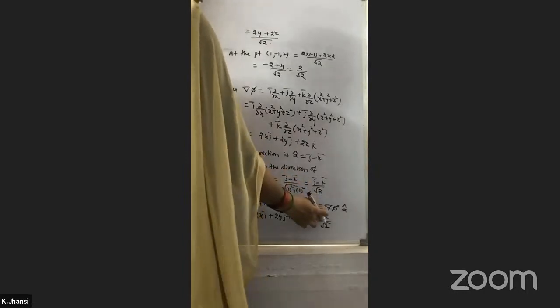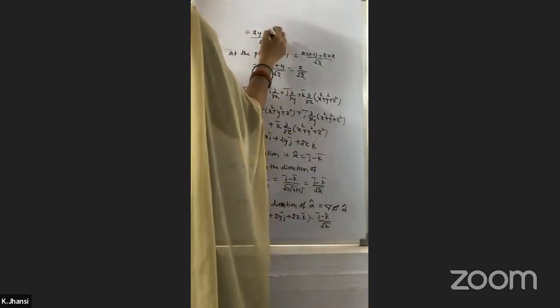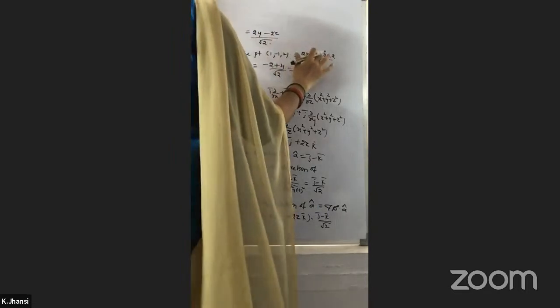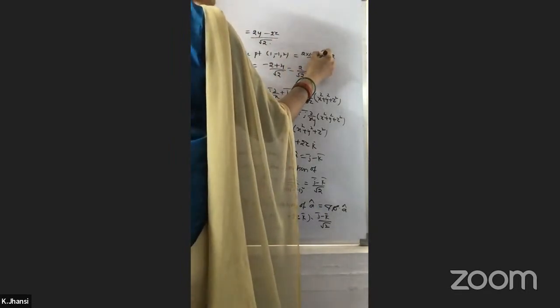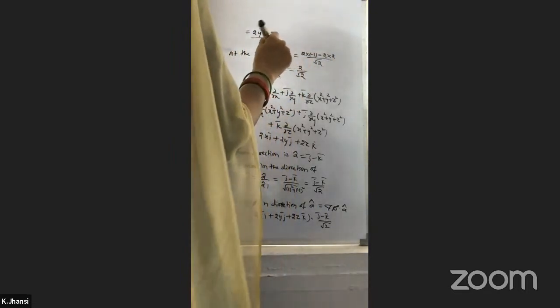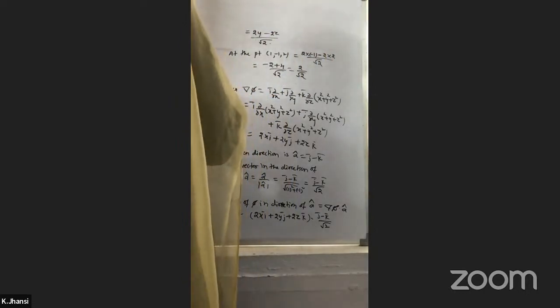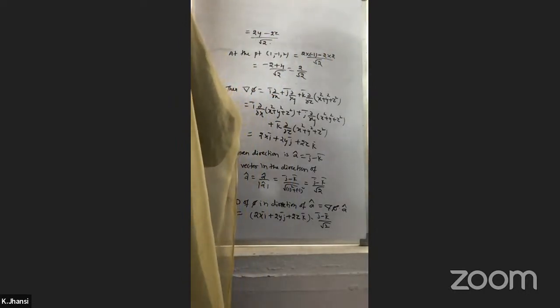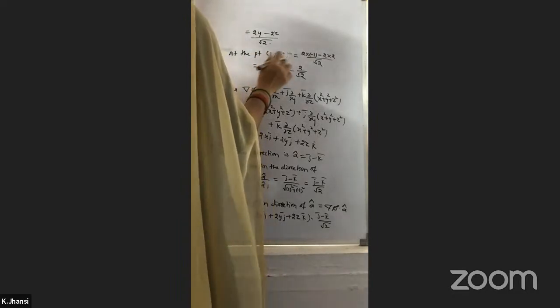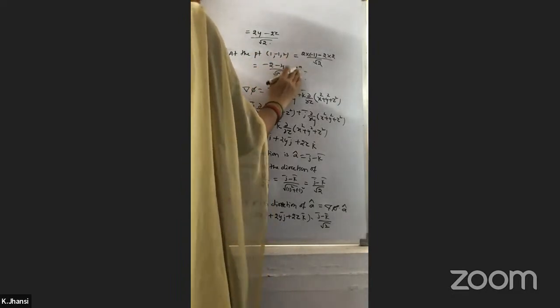Here minus j is there, no? So we'll get minus 2z. So minus 2z means this is minus 4. So minus 2 minus 4, it is minus 6 by root 2.